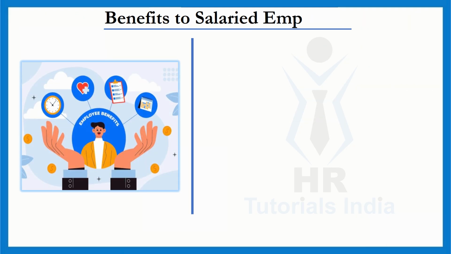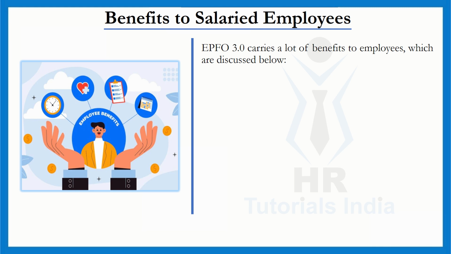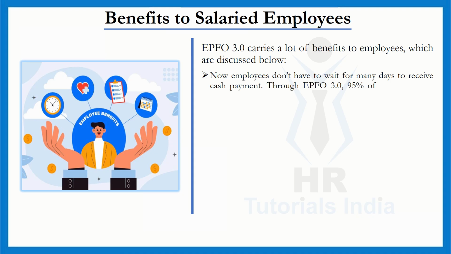Now let's talk about the benefits of EPFO 3.0 for salaried employees. EPFO 3.0 brings several advantages that make managing your PF much easier. Employees no longer have to wait for days to receive their PF payments. Around 90% of the claims will be settled automatically, which means your money can reach you in hours or even minutes.